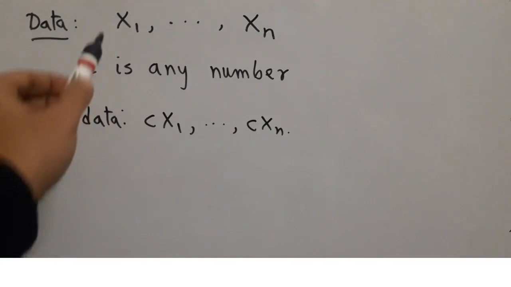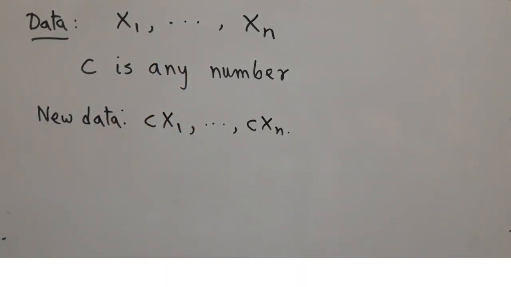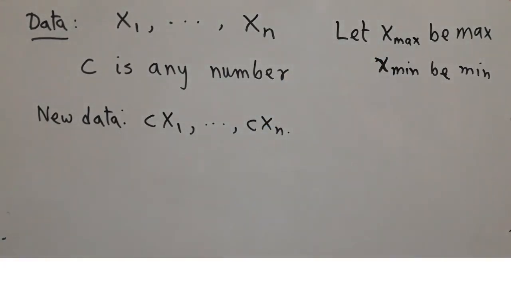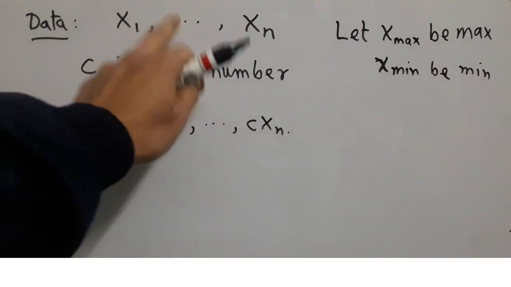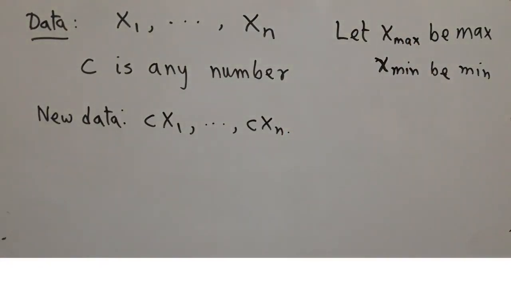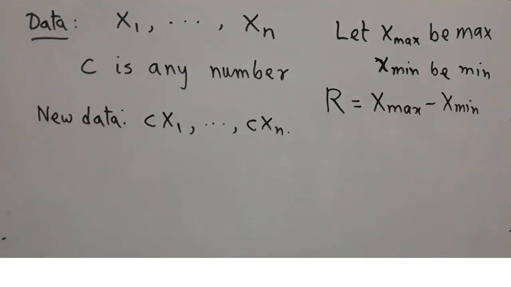Now suppose we look at the value where it takes the maximum value. Let x subscript max be the maximum. For example, if x5 is the maximum, max equals 5. Similarly, x min be the minimum value. Then range is equal to x max minus x min.